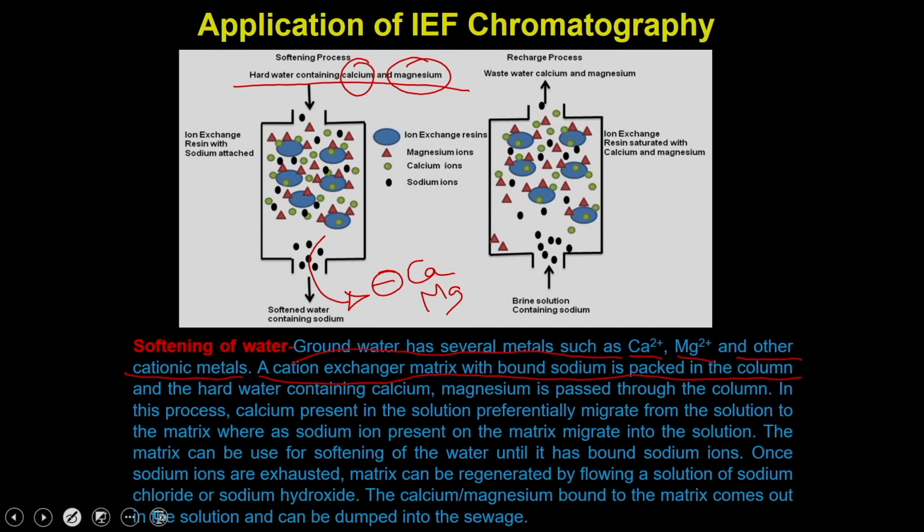The hard water containing calcium and magnesium is passed through the column. In this process, the calcium present in the solution preferentially migrates from the solution to the matrix, whereas the sodium ions present on the matrix migrate into the solution. So, the calcium and magnesium remain trapped within the matrix, whereas the water comes out along with the sodium.